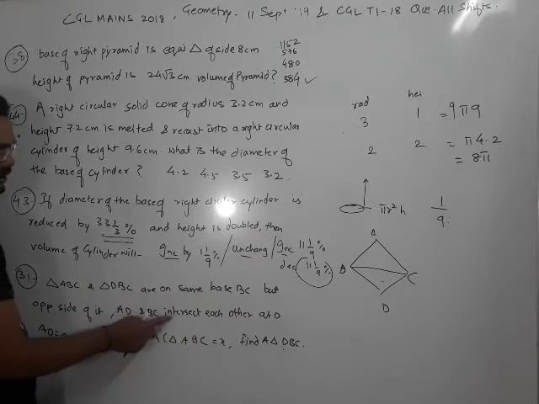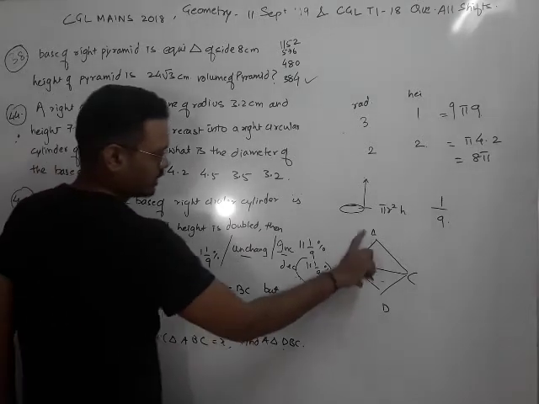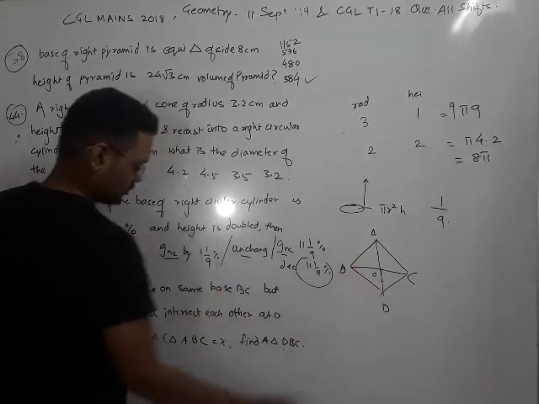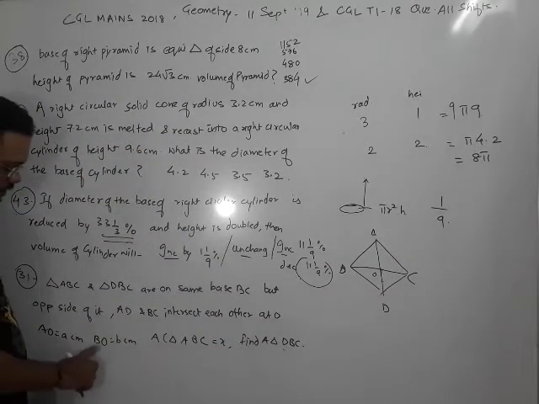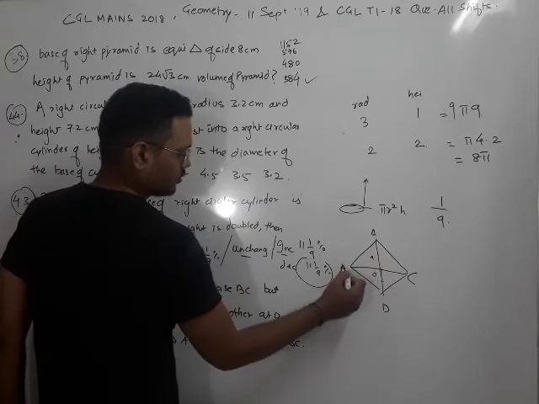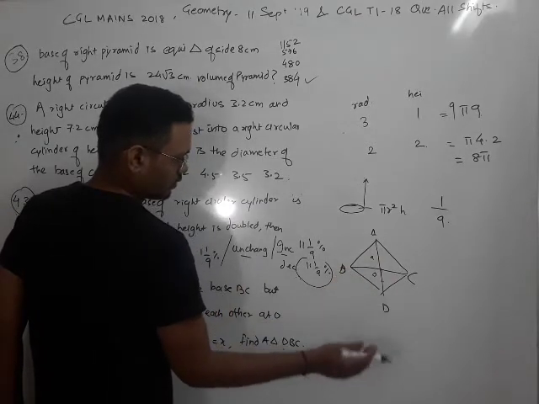AD and BC intersect each other at O. AO is a, where is b?